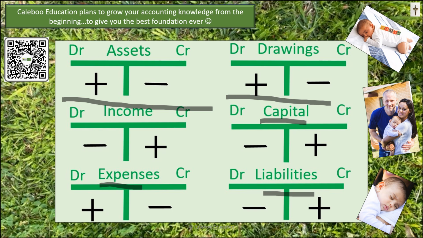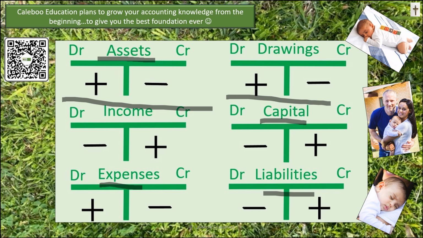If I take, for example, here, assets, you know, asset could be your equipment, it could be a positive bank balance, cash, land and buildings, machinery. Those are examples of assets. We've learned that already.